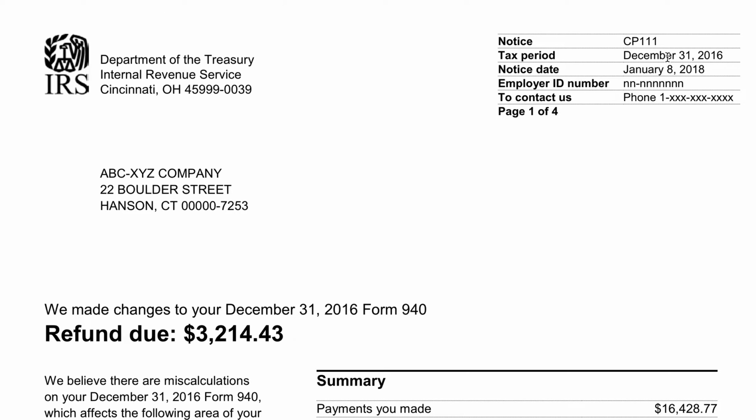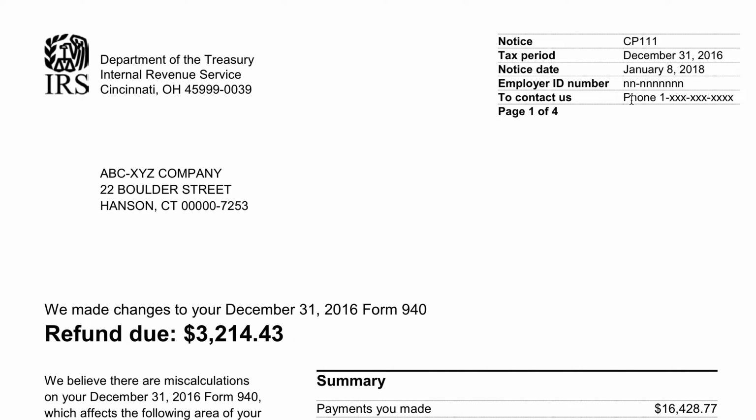However, I have seen notices that say things like, if you disagree with this, please contact the IRS within 10 days, within 30 days, within 60 days of the notice date. So always keep that in mind, and just pay attention to see if there are any deadlines associated with that notice date.